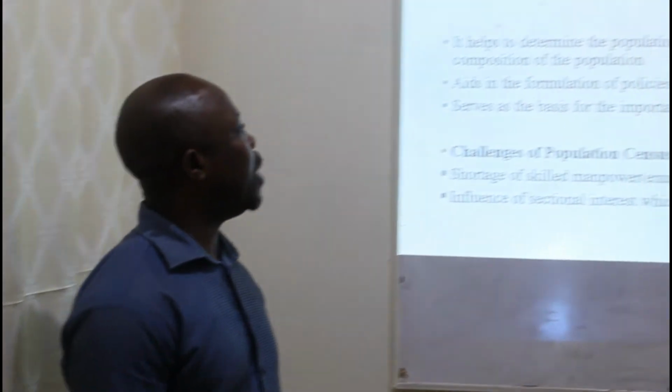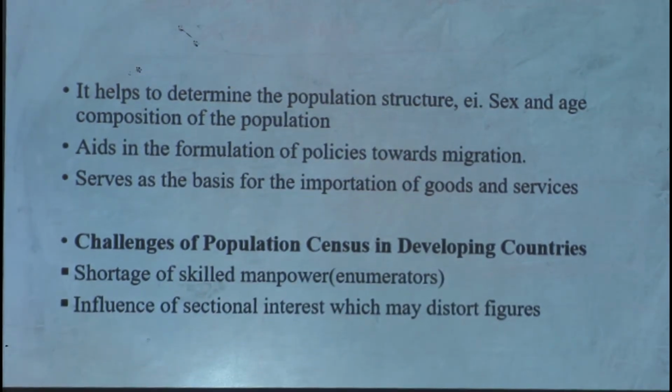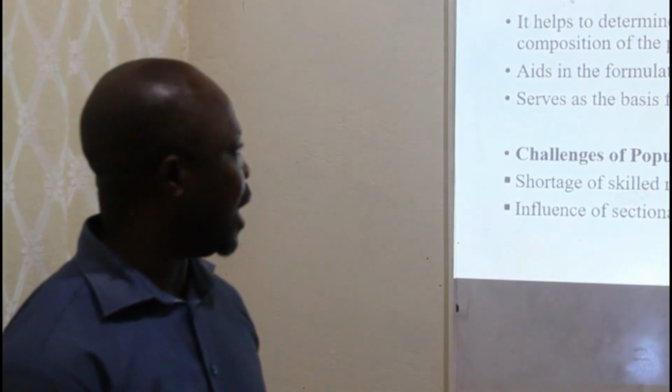It also helps to determine the population structure, that is the sex and the age. And very soon we'll be looking at the population pyramid of Ghana, and we will know the structure of Ghanaians, whether we have more children or youth or more aged, constituting the various age brackets. And it's through population census that we get that.